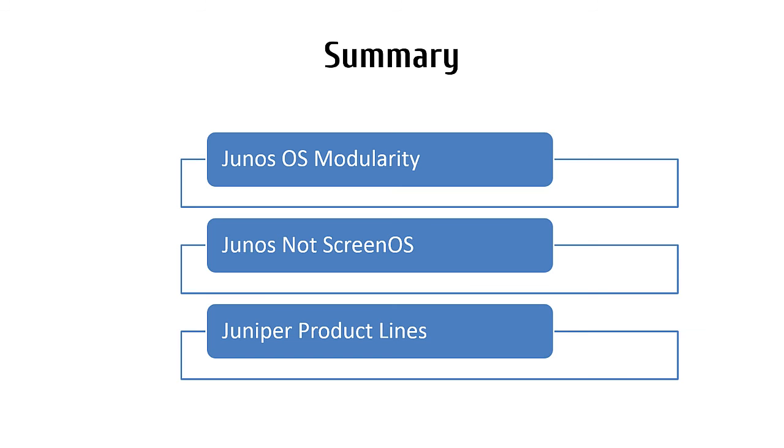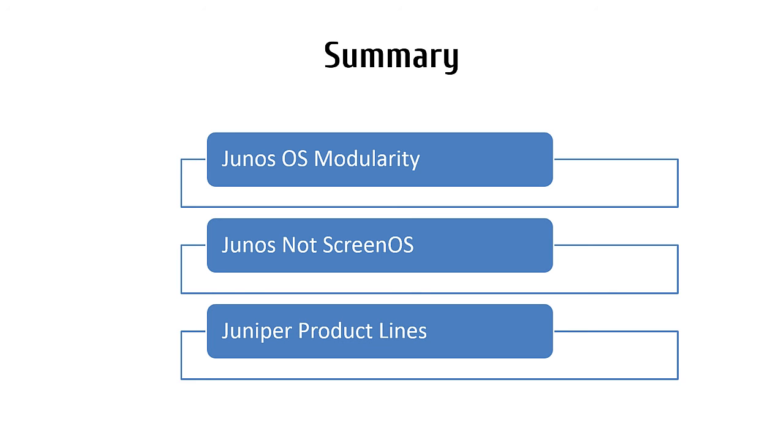Okay, so let's recap for a minute. We talked a little bit about the modularity of the Junos OS architecture, and we discussed the differences between old Juniper products and the new stuff. The difference between ScreenOS and Junos OS and how to tell them apart. Remember, we are learning Junos, not ScreenOS, so stay away from things like ISGs and SSGs, things like that.